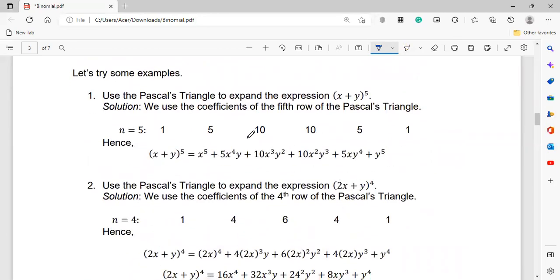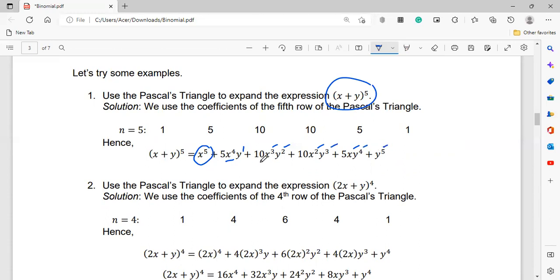So let's try some examples. So we have here x plus y raised to 5, and we're going to get the expansion. So ang sabi kanina, first is x raised to 5, then raised to 4, raised to 3, raised to 2, raised to 1, and then raised to 0 is simply 1. So dito naman sa second term, y raised to 1, raised to 2, raised to 3, raised to 4, and then raised to 5.